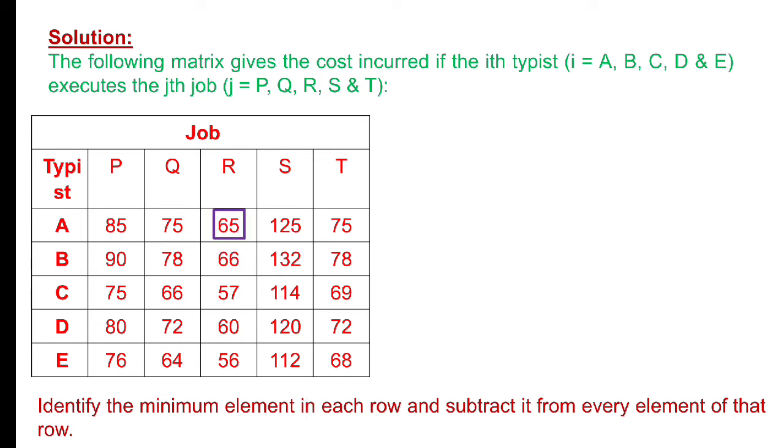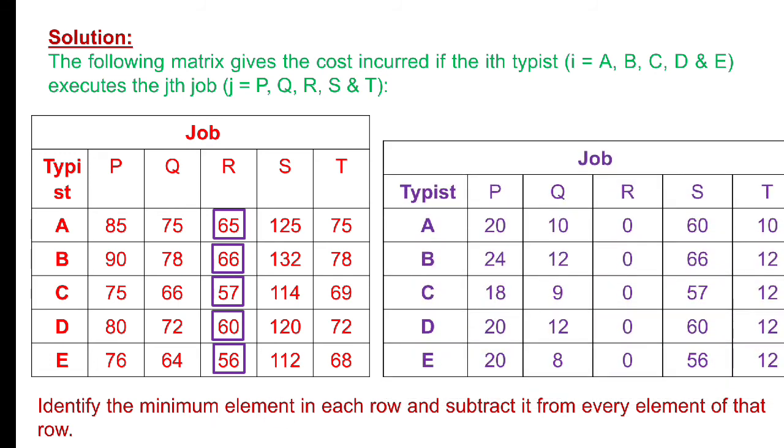Minimum is 65. Second row minimum is 66. Third row minimum is 57. Fourth row 60. Fifth row 56. Then we find this.